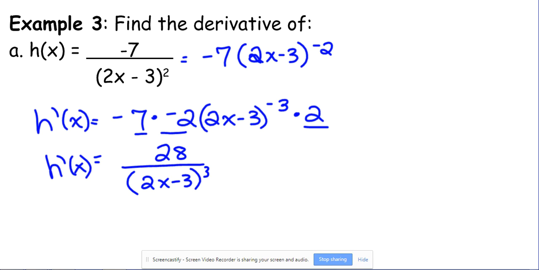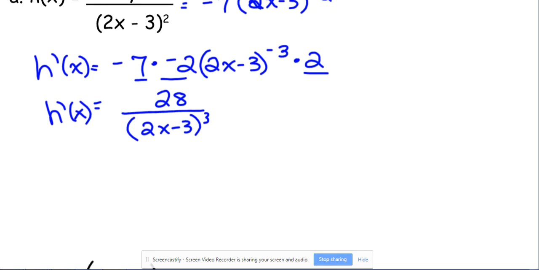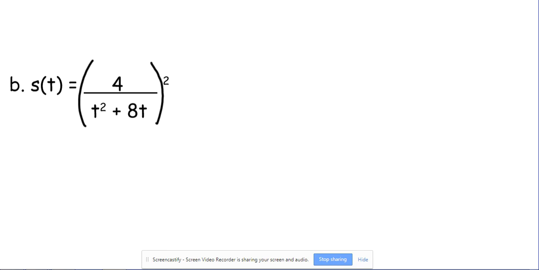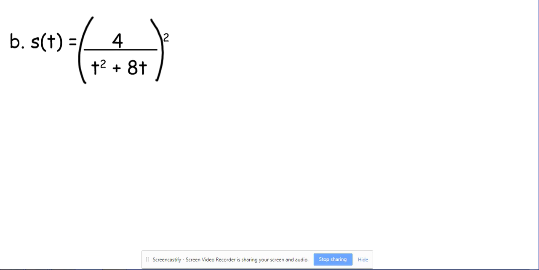The chain rule really isn't that hard. People just tend to forget some of the details, and that really messes them up. Now this problem right here, it's another one. I'm going to rewrite it. I'm going to apply that squared to both terms. So 4 squared is 16, and I'm also going to do that to the denominator and bring it up so it gets a negative exponent.